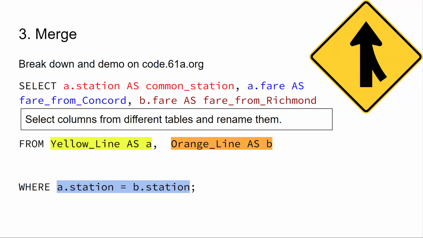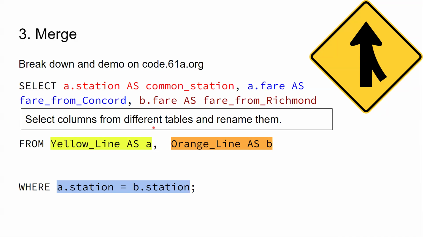Because we have seen that the names of the columns, like station and fare, are actually the same, you have to do referring. When I'm saying this fare, I'm saying the fare from Concord, and that fare is actually referring to where I'm taking the train from Richmond.